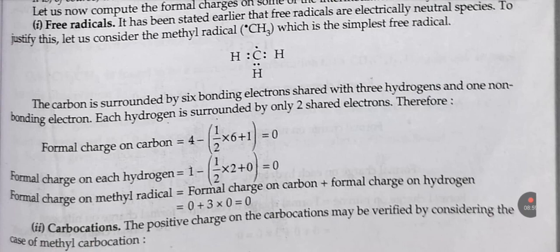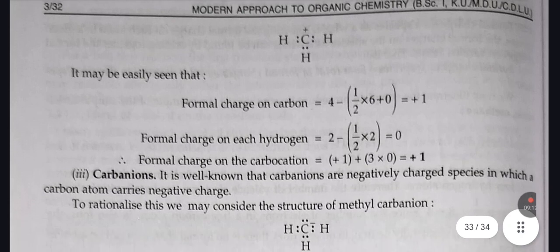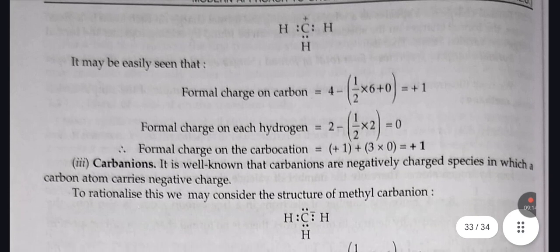Second, carbocations. The positive charge on the carbocation may be verified by considering the case of the methyl carbocation. It may be easily seen that the formal charge on the carbon is equal to 4 minus (1/2 × 6 + 0), which will give +1. The formal charge on each hydrogen will equal 1 minus (1/2 × 2), which will give 0.